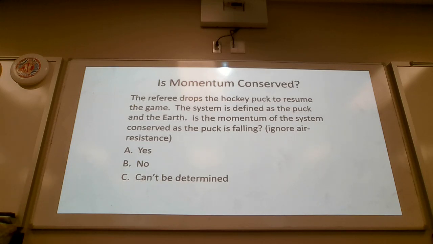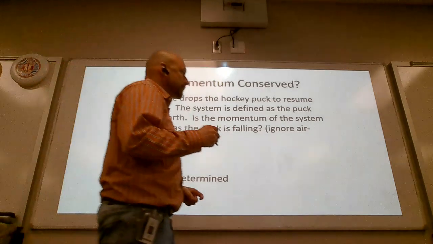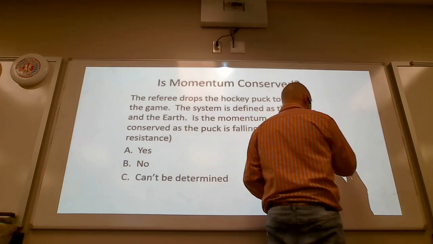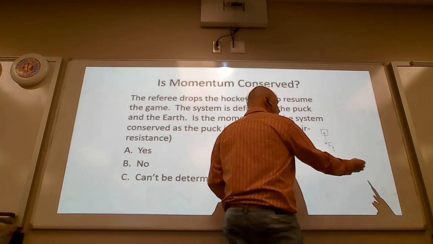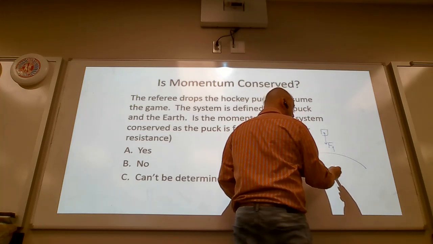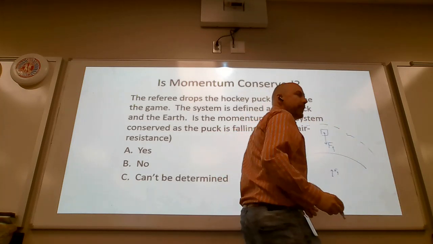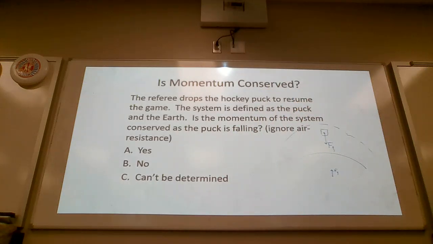Would momentum be conserved? If we included the Earth in the system, then gravity is now an internal force.